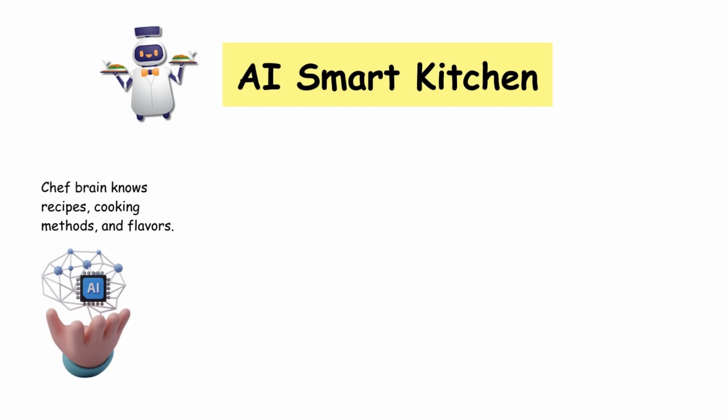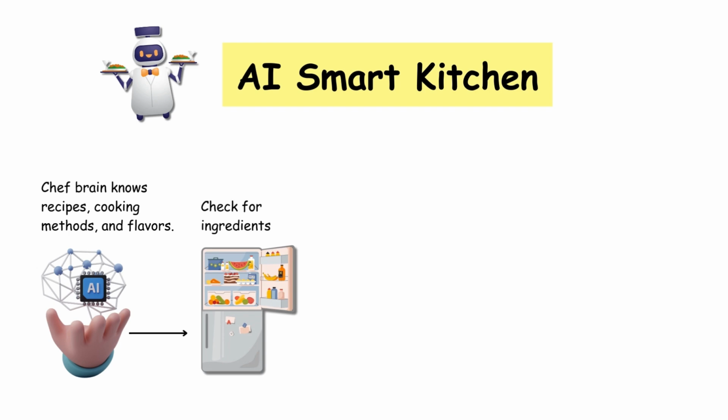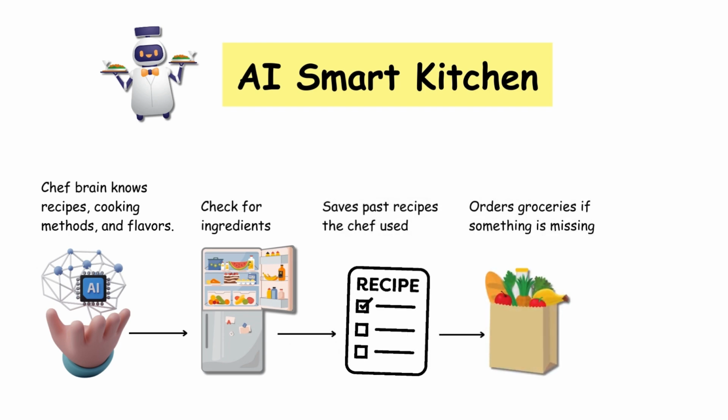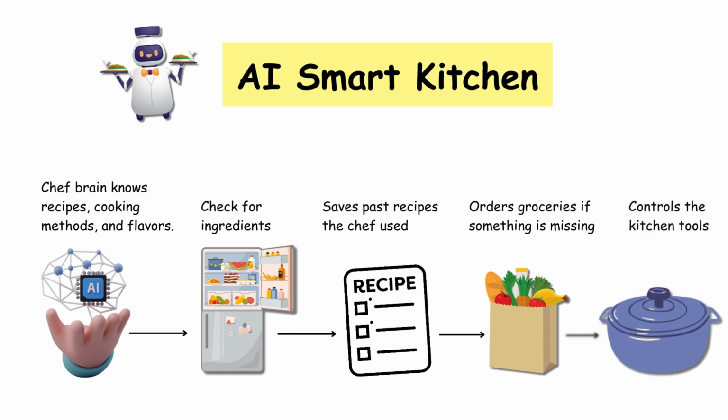It can't control the stove or oven. So what do you do? You build a kitchen system around that brain. A system that connects to your fridge to check for ingredients, saves past recipes, orders groceries, and controls the kitchen tools. That is what LangChain is doing. It turns ChatGPT from a talking brain into a real-world assistant.